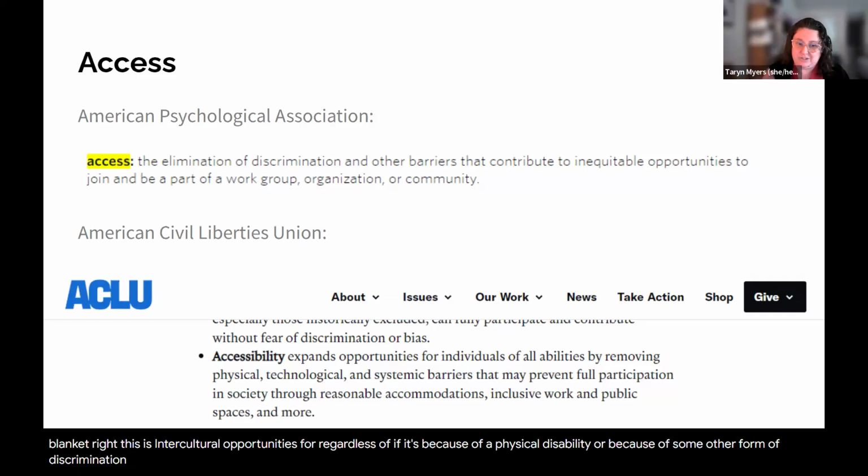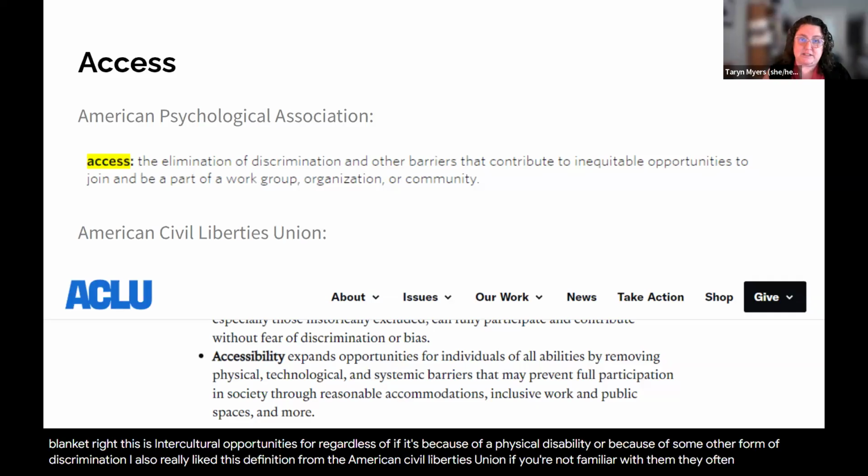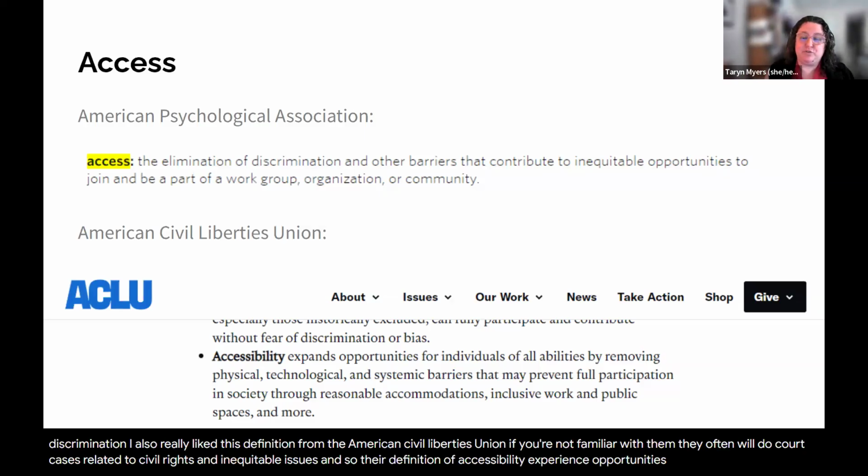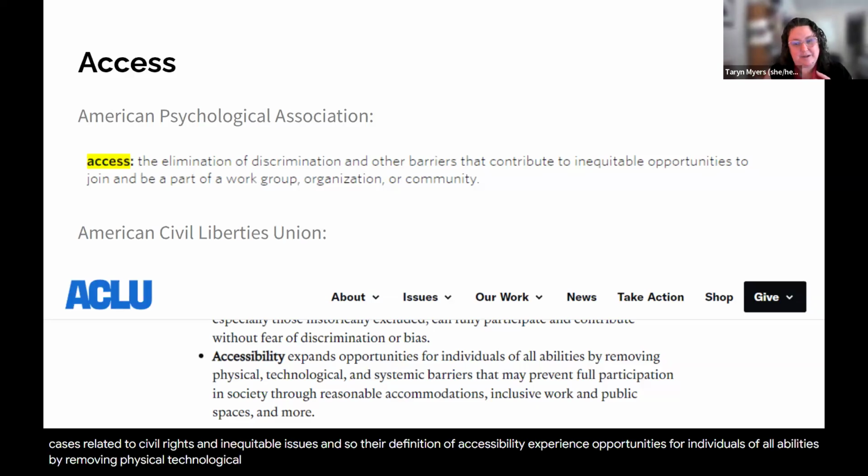I also really liked this definition from the American Civil Liberties Union. If you're not familiar with them, they often will do court cases related to civil rights and inequitable issues. And so their definition of accessibility expands opportunities for individuals of all abilities by removing physical, technological, and systemic barriers.